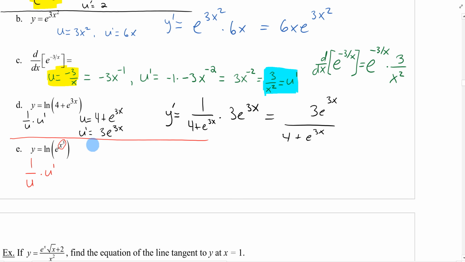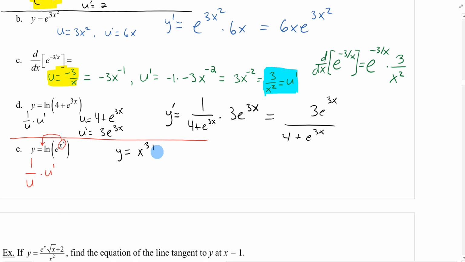So that means that if I go back to my log property rule for powers, that can just go to the front right there. So this is just a rewrite. This is not a derivative rule. I'm just rewriting. Recall that ln e is equal to 1. So y is really just x cubed. And the derivative of y is 3x squared.